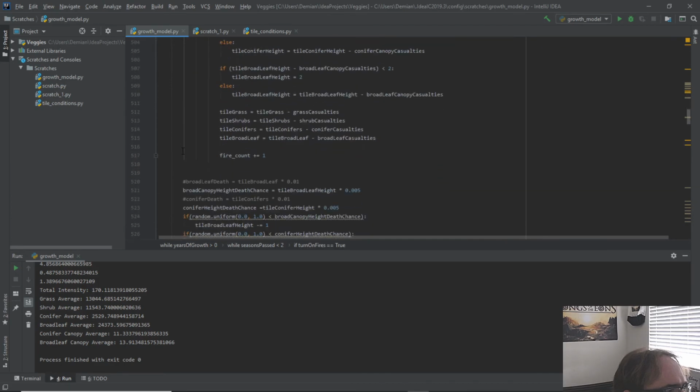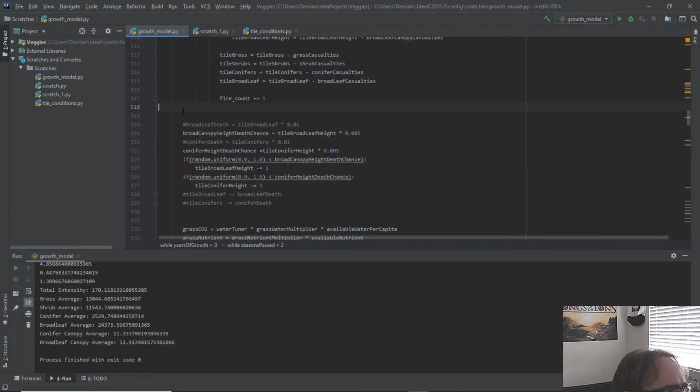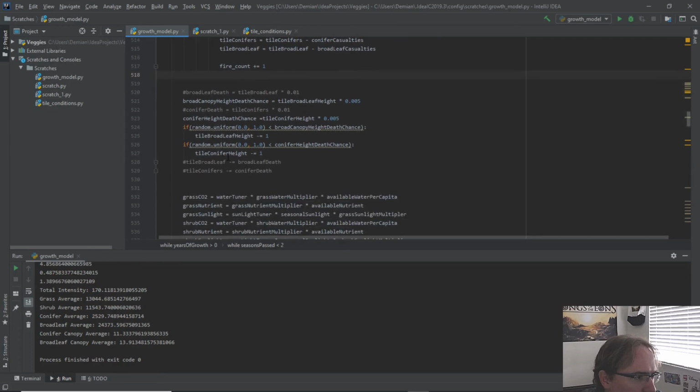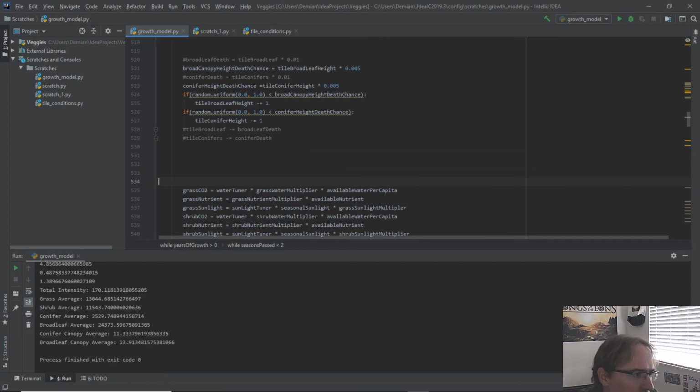We'll let this happen first. Broadleaf death. Alright, we got rid of the death factor. That's right, we had a death factor here. Okay, so after death, yeah, so down here.